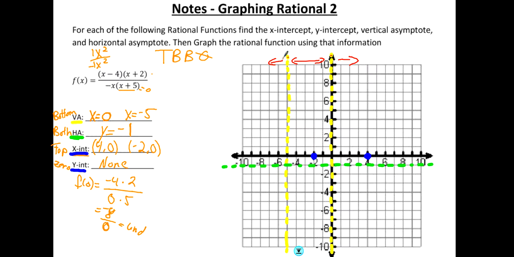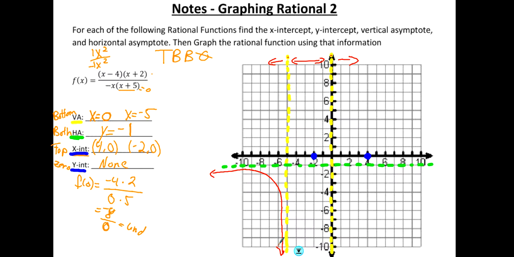So could it be above the horizontal? Well, if it was above the horizontal, it would come down here and it would have to cross the x-axis to follow my horizontal asymptote. But there's no x-intercept there, so it can't cross the x-axis. So my only choice for this part is like this.